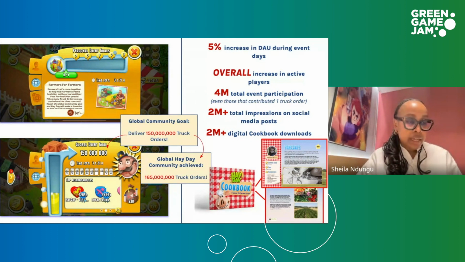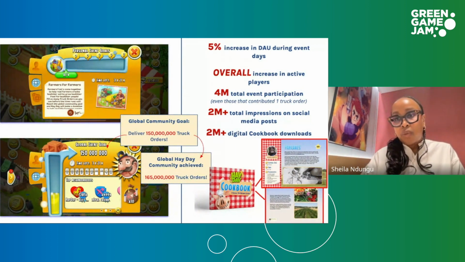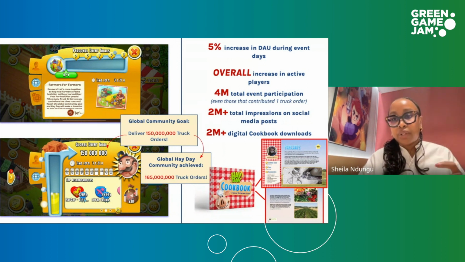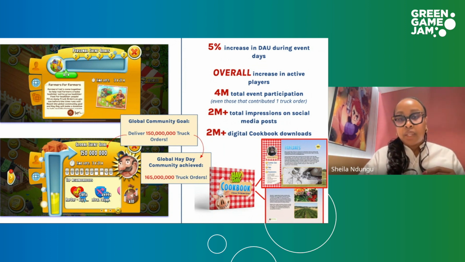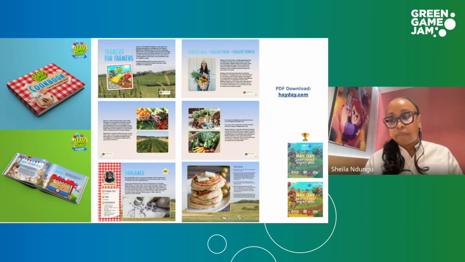In addition, we had a cookbook. This was a bit outside of the activation, and specifically for the birthday celebration. We compiled recipes that we had already created, but we put together a 4-page spread in this cookbook that talked about regenerative farming and the Farmers for Farmers event, as well as a 2-page spread of a local farmer who works directly with the Rodale Institute, and they put in their own recipe, which you can still find in the recipe book on Heyday's website.